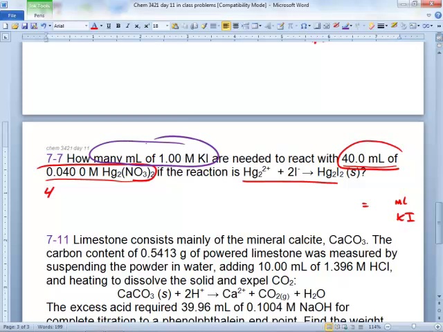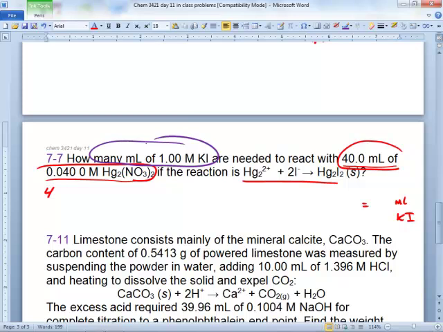That would work too. And you just keep playing that game we did before, canceling units to get to your right spot. But since this is the titration, and we're using mole bridge and things, it seems more logical to start with the chemical equivalency idea, that 40 mils of this compound is equal to how much of this compound. So you start with what you know. But you don't have to. You can start with this guy and flip them.